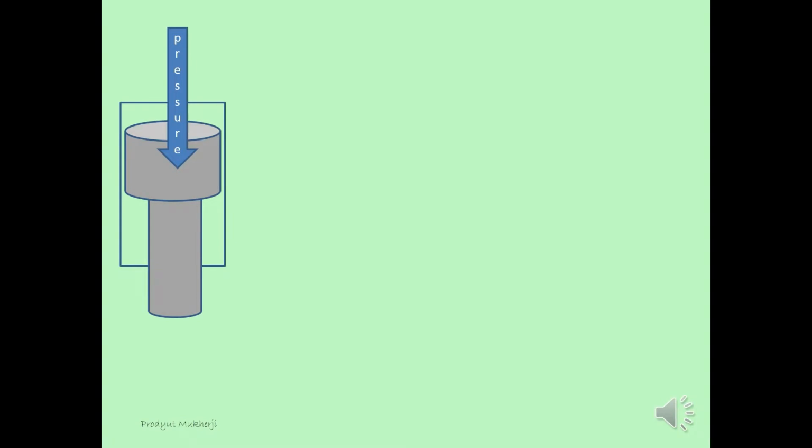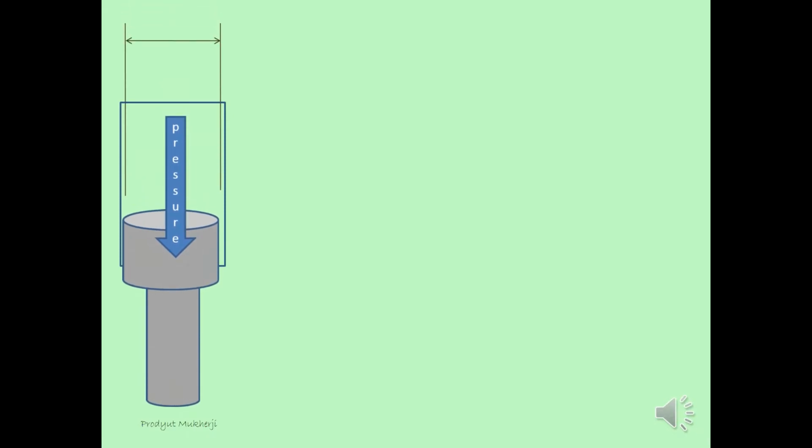This is a piston that you see. A pressure is acting on top of the piston. That pressure is due to the fuel combusting, and that combustion pressure acts on the piston, pushing the piston down. The pressure is acting over the piston, which is of an area A, let us say, and the piston travels a distance, capital L. So we can say that work done is equal to the force into distance moved.